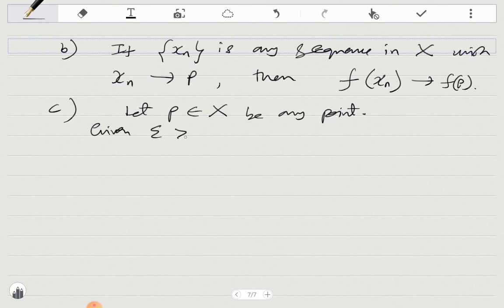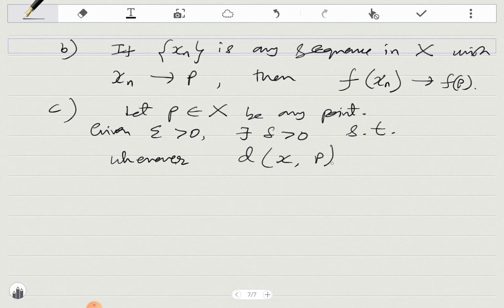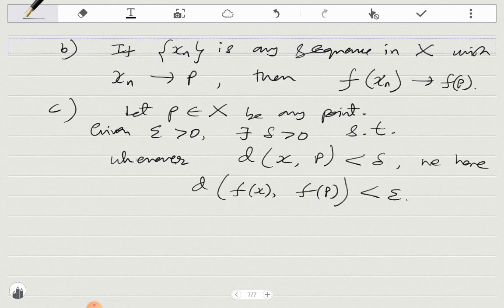Given epsilon greater than 0, there exists delta greater than 0 such that whenever the distance between X and P is less than delta, we have the distance between f of X and f of P less than epsilon.